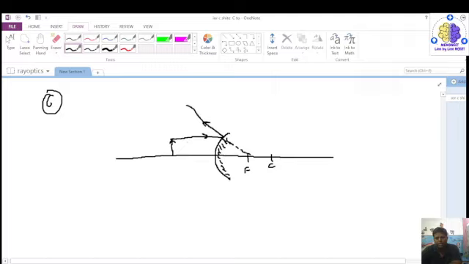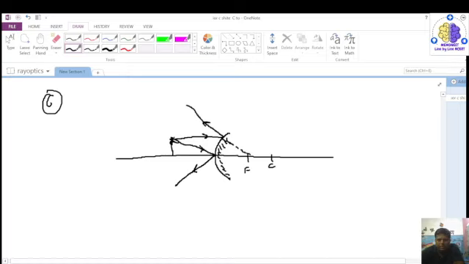Now the second light ray is the ray which is getting incident at the pole, and it will get reflected with the same angle, right?